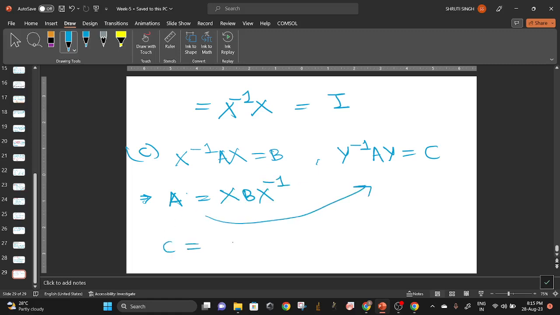So C is equal to Y inverse X B X inverse Y, and let me rearrange.